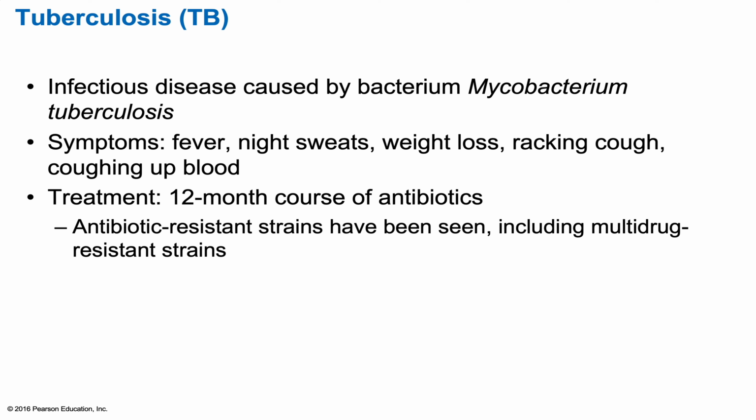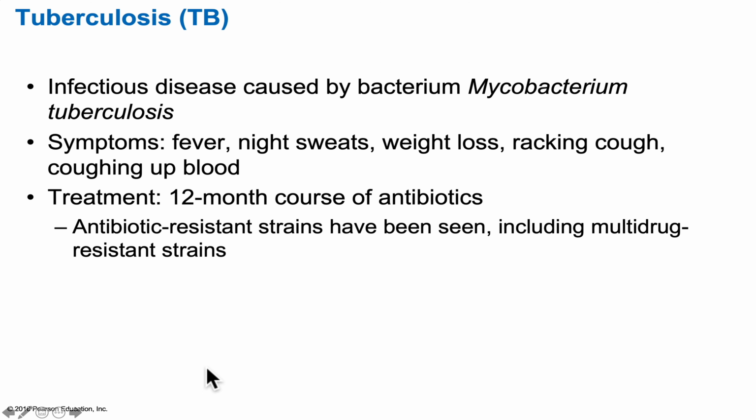Unfortunately, the bacteria survive in the nodules, and when the person's immunity is weakened, they may break out and cause symptomatic TB. So these symptoms include fever, night sweats, weight loss, a racking cough, and in addition to that, we also see sometimes something called hemoptysis, or coughing up blood. The treatment for this is using antibiotics for about a year.